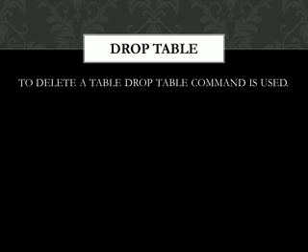Now next command is the drop table command. So to delete a table we have to use this particular command. In database, what we were doing to delete a database, we were just writing drop and we were using the name of the database. Here we have to write drop table and then the name of the table that you have to delete.